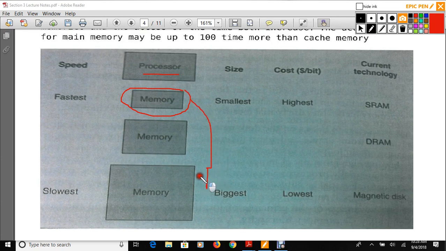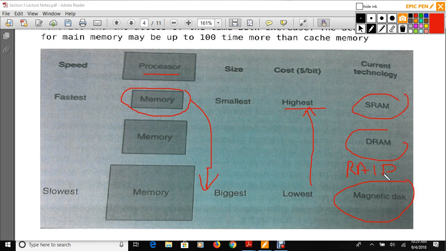As the memory gets larger, it tends to have a high cost. So you have SRAM, static random access memory, dynamic random access memory, and then magnetic disks. Redundant arrays of inexpensive disks, or RAID.